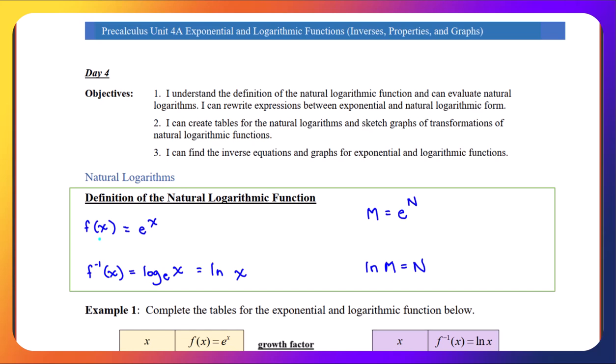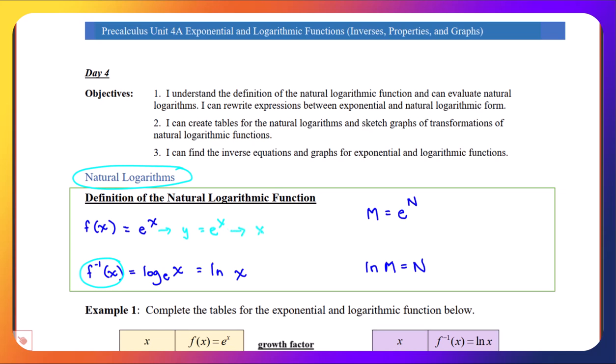Okay, we're going to talk about natural logarithms some more, and to find the inverse function, we replace f of x with y.